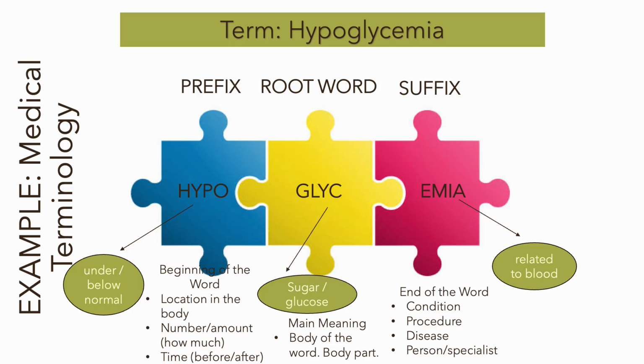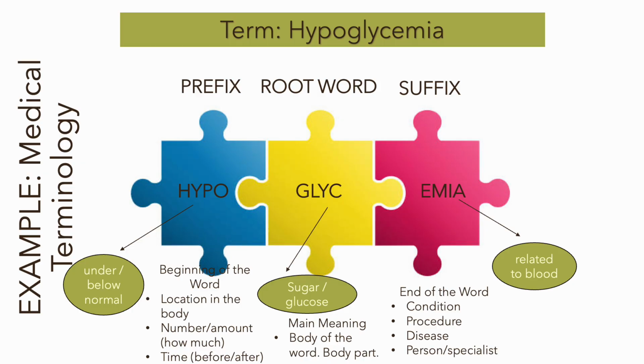If we put all those clues together, something is low. It's the sugar level, which is the glyc or glucose, and emia is blood. Over time, you'll learn that emia means blood, that hypo means under normal, and that glyc means sugar.